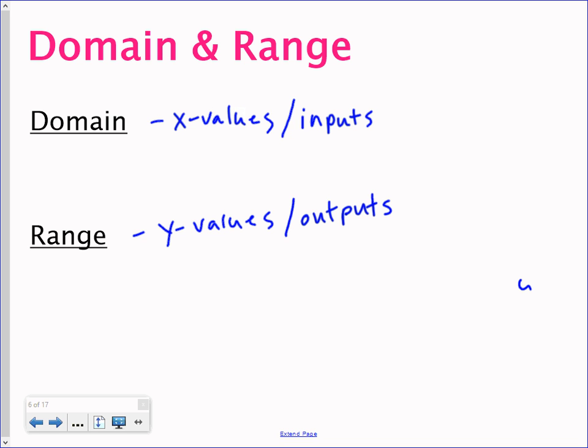So these are the two phrases I've heard before. Some people say domain and range are the limits of the X values or the limits of the Y values.